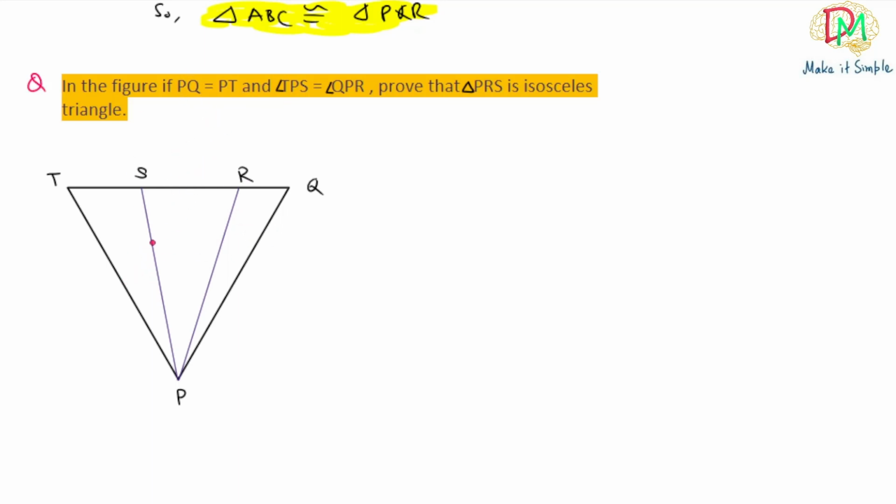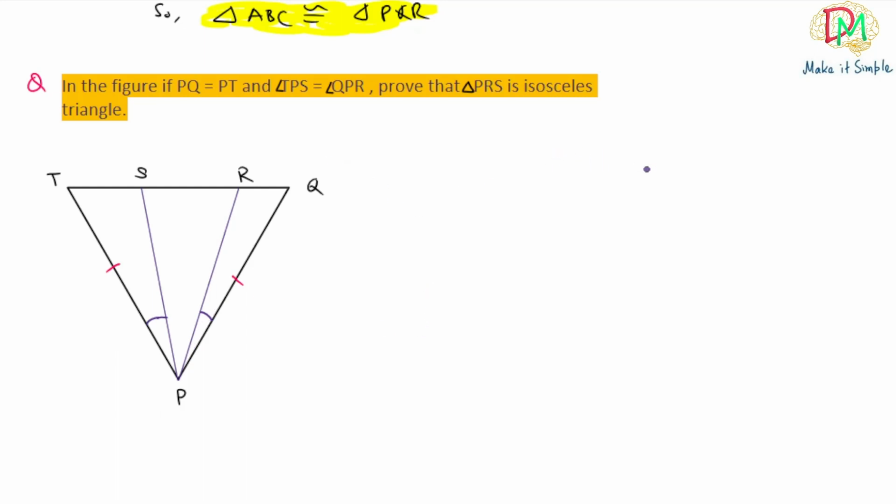So PQ and PT, these two sides are equal, and angle TPS and angle QPR, these two angles are equal.